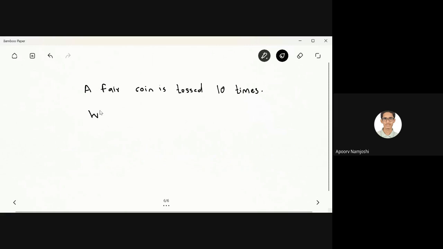What is the probability of getting 3, 6, or 9 heads?